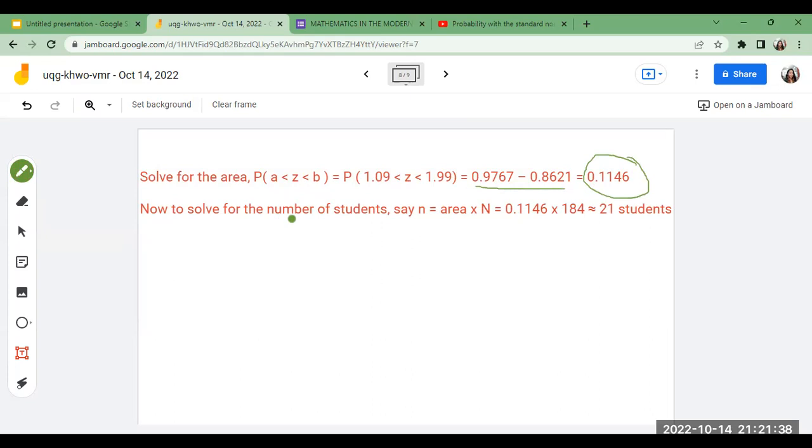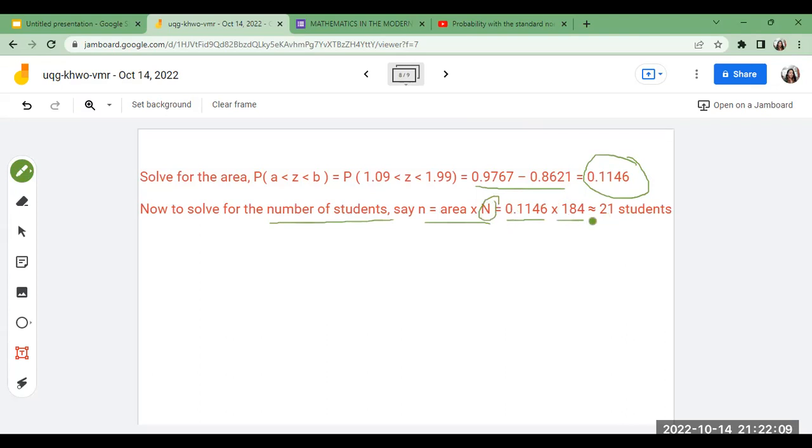Now, to solve for the number of students, kasi ang hinahanap sa problem is the number of students daw that are expected to get a grade between 82 and 90. Let's say that n is equal to area times n, wherein the area, ito yung na-solve natin, that's 0.1146, multiplied by n, or the population, which is 184 students.